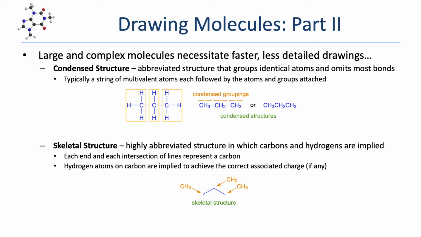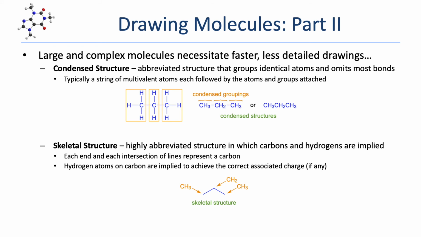Yes, it's also bonded to another carbon, but that's another multivalent atom, so we're going to ignore that for now. So that leftmost carbon has three hydrogens attached, three monovalent atoms. So we group all those together, and we simply draw it out as CH3. The next multivalent atom in the molecule is that middle carbon, which has two monovalent atoms attached, two hydrogens. So we abbreviate that as CH2.